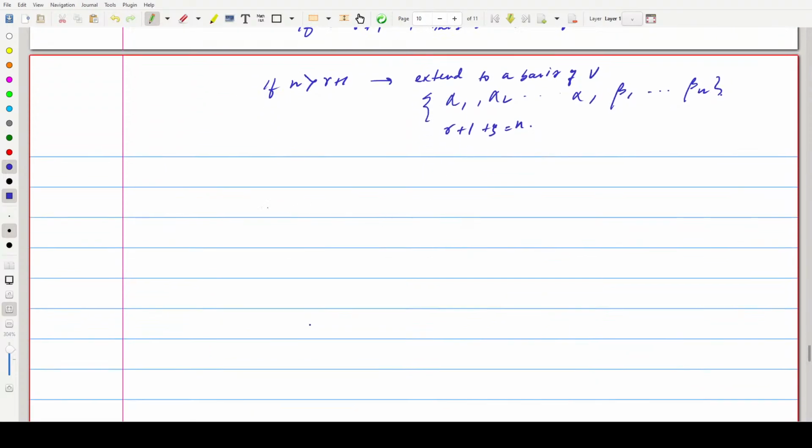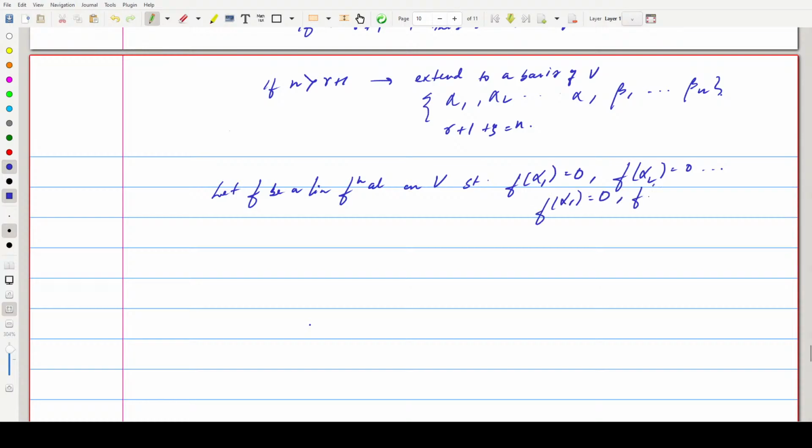So let f be a linear functional on V such that f of alpha 1 is equal to 0, f of alpha 2 is equal to 0, so on and so forth, f of alpha r is equal to 0, f of alpha is equal to 1, and f of beta 1 equals 0, since we are extending this and terming this as the basis, right?